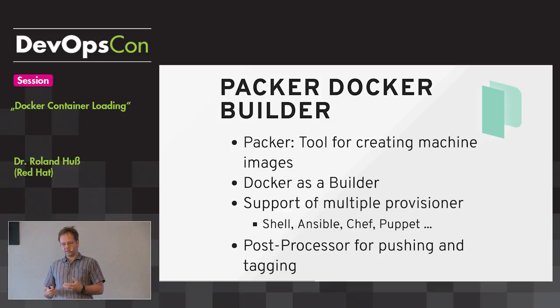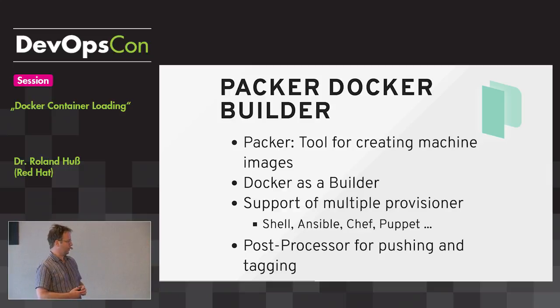So you can use the same setup, but simply exchange the builder for creating VirtualBox or real virtual machines and Docker images. This approach is similar to the one we have just seen. You start some sort of image or container in the Docker case, then you provision stuff on it. This can be Ansible here as well, but it can also be any of the other provisioners supported by Packer.